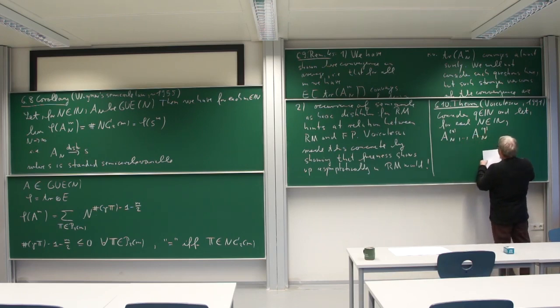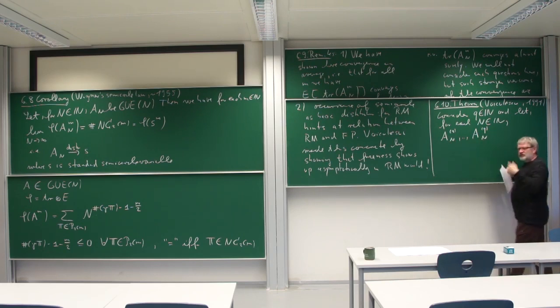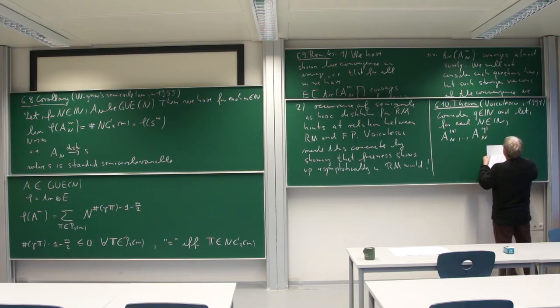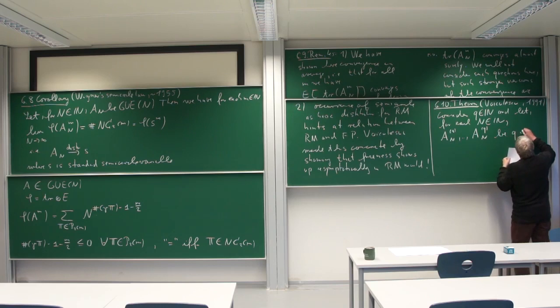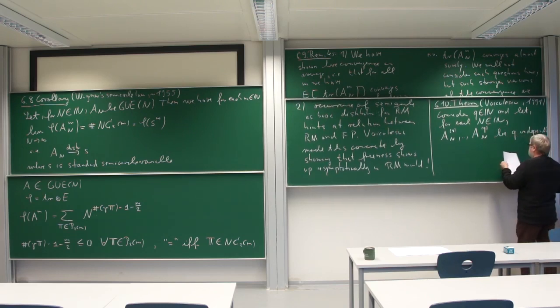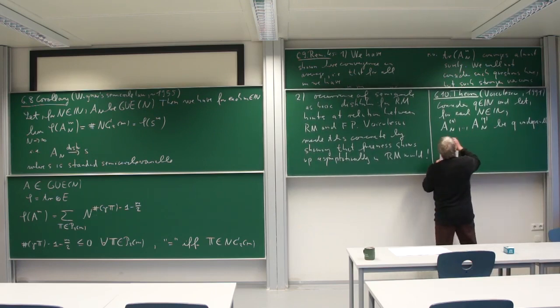So those are q matrices. Each of them is a GUE of size n, and I have q independent ones of them.